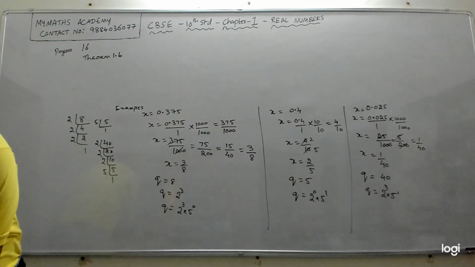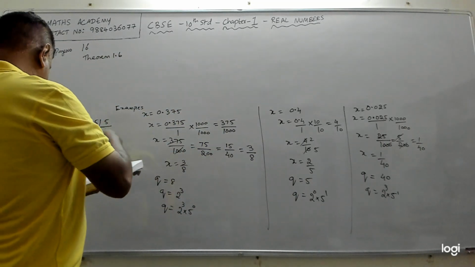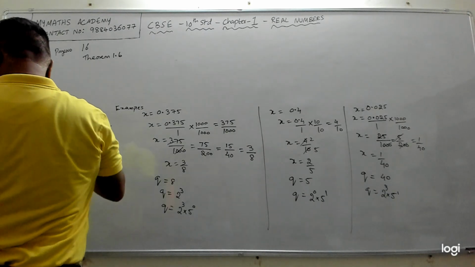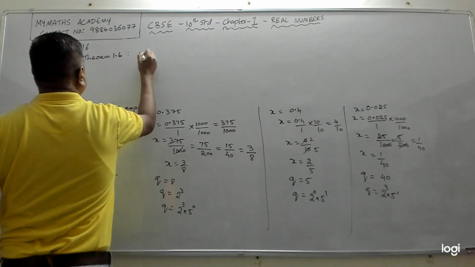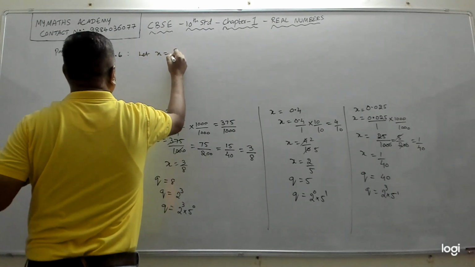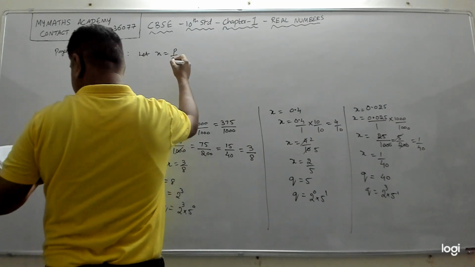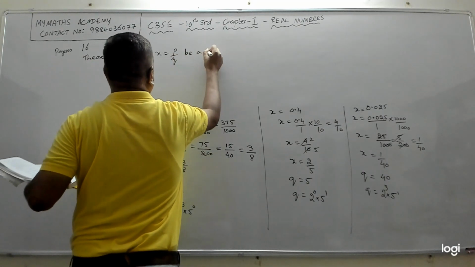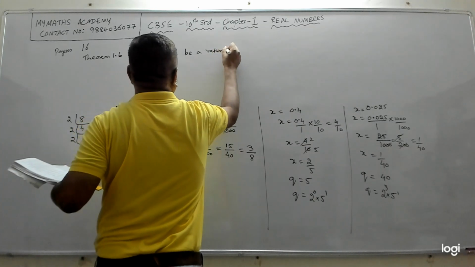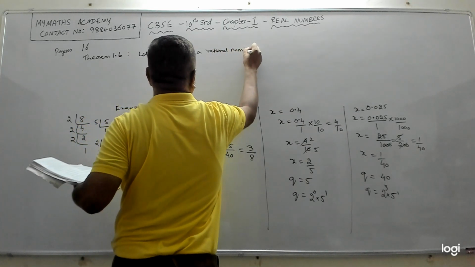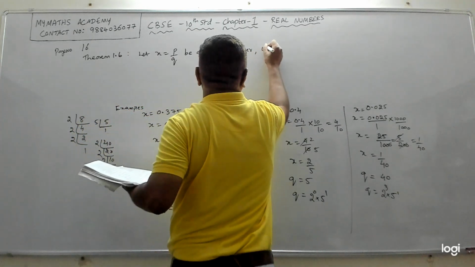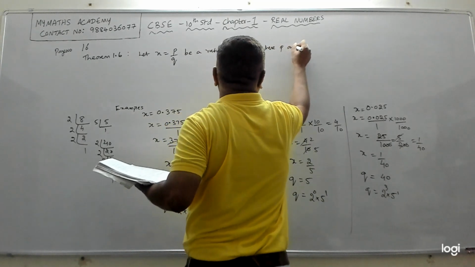Theorem 1.6 states that let x is equal to p by q be a rational number, where p and q are co-prime.